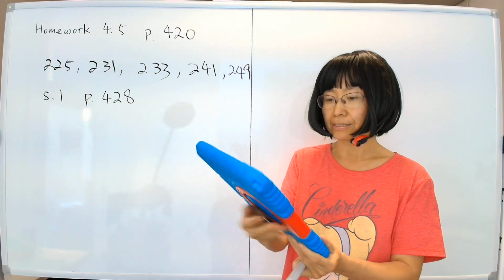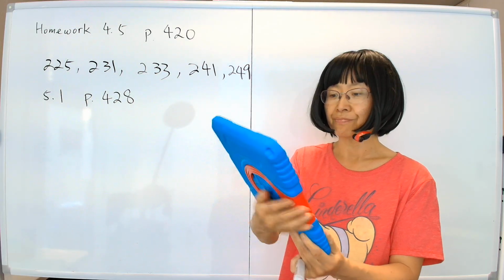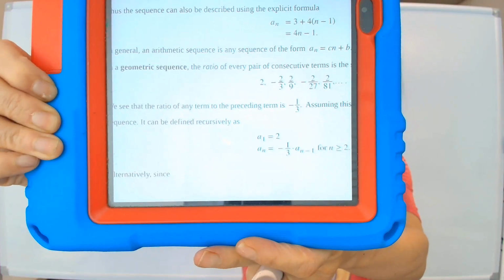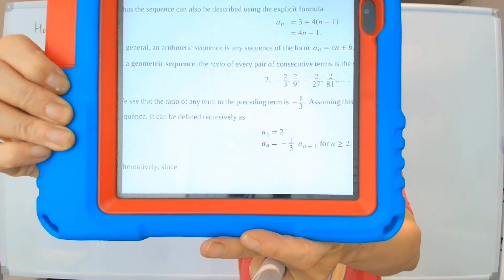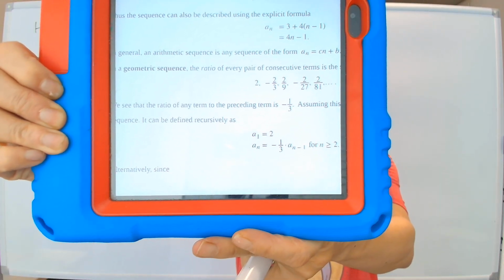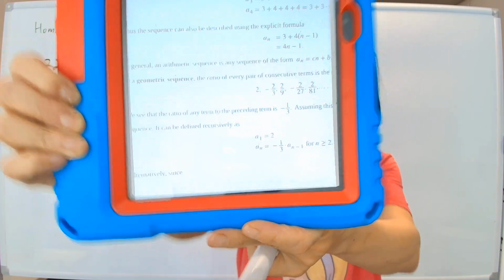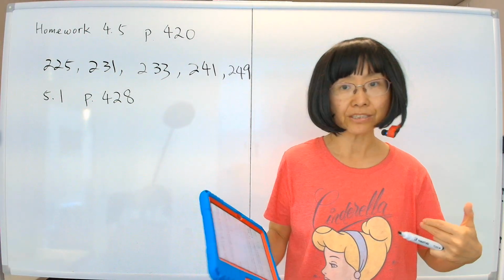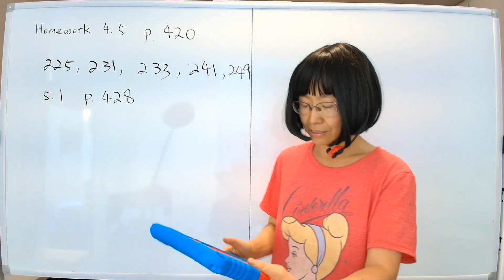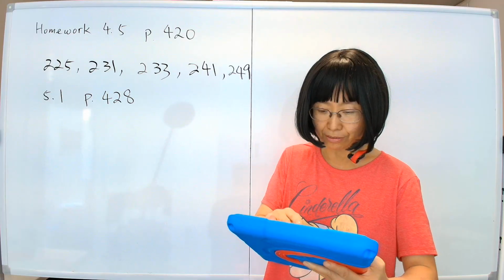For example, at the bottom of the page the first number is 2, and then for the second number you divide by 3, for the third number you divide the second number by 3, and you keep doing that. So the ratio is constant between the terms. The ratio is always 1/3 in this case. If that is the case, the sequence is called a geometric sequence.